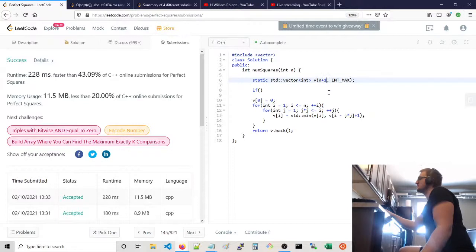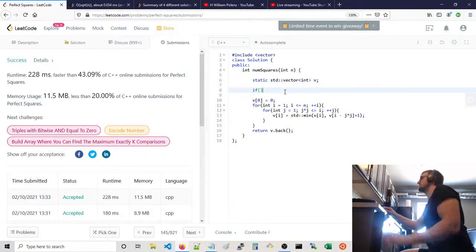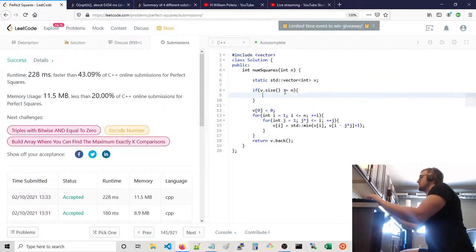You can use the size now, right? So we can build this as you go. So if v.size is greater than or equal to n, if the size needs to be greater than n, then return v of n.